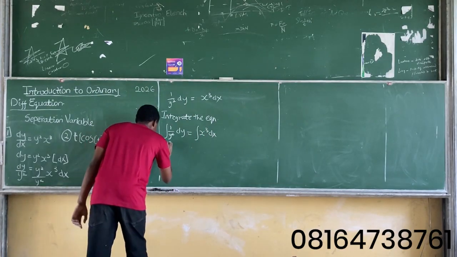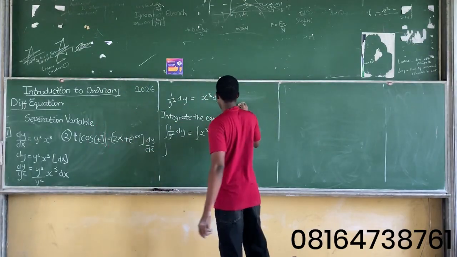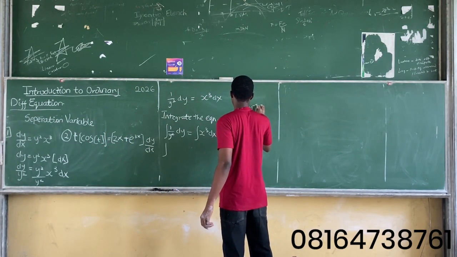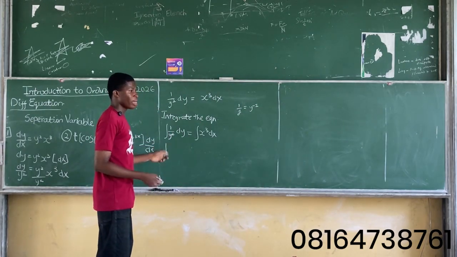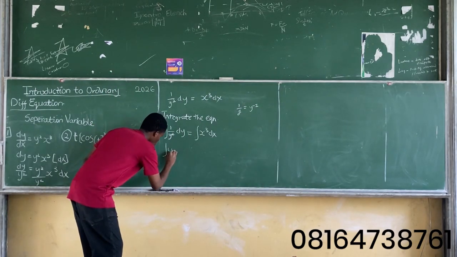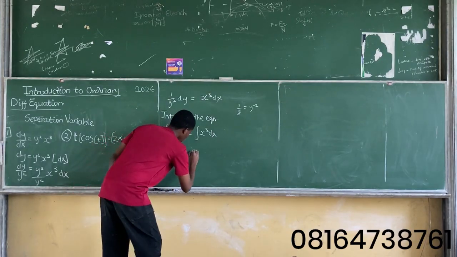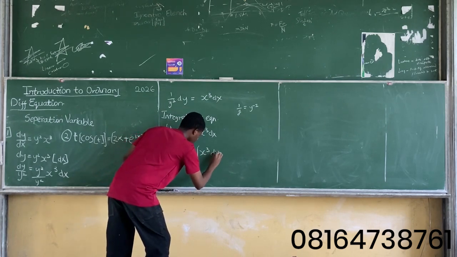From our laws of indices, we can note that 1 over y is equal to y raised to power minus 1. So this is the idea we are going to be using here. 1 over y squared is going to be equal to y to the power minus 2 dy, which is then equal to the integral of x cubed dx.